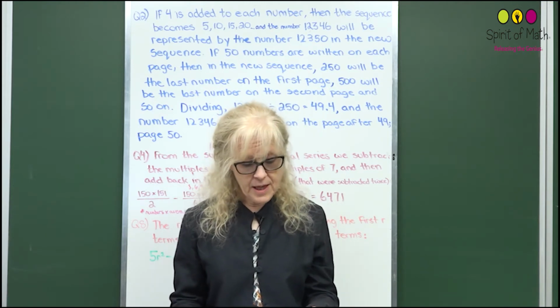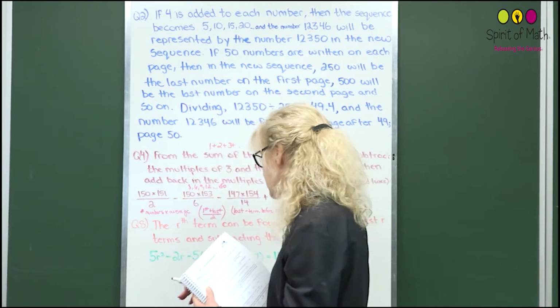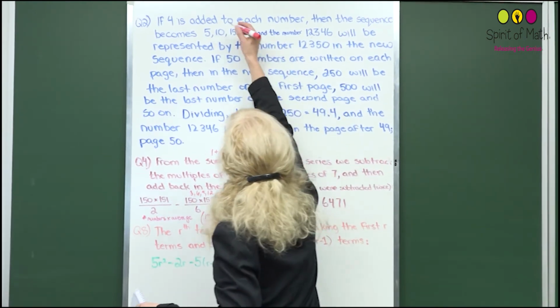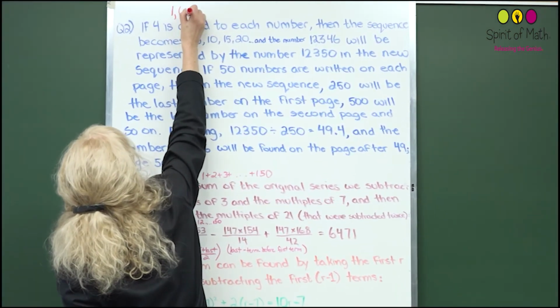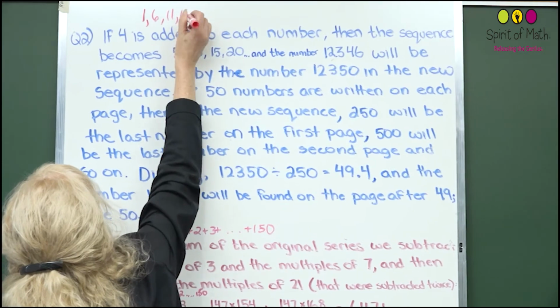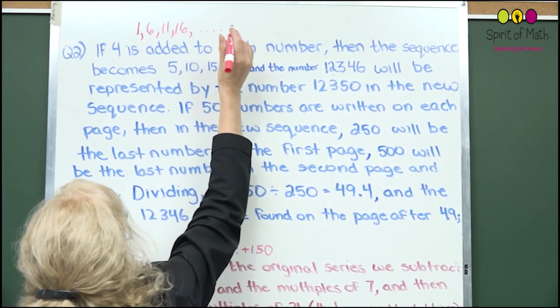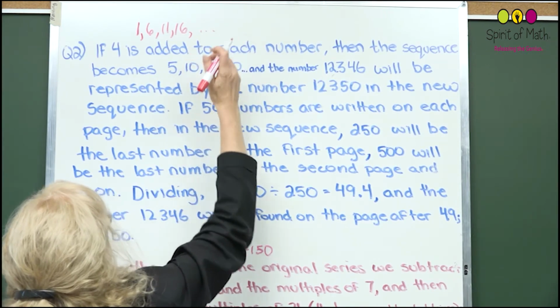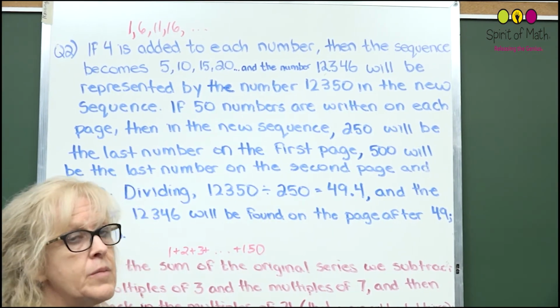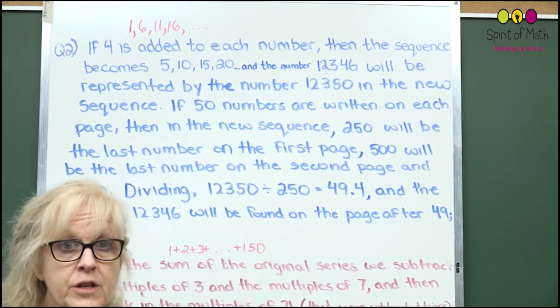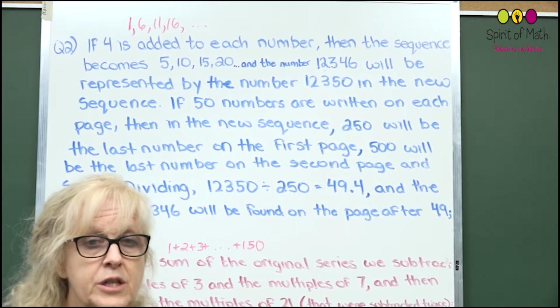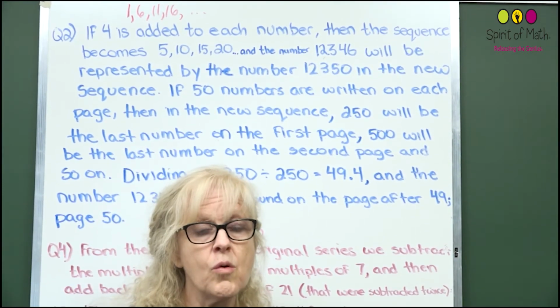Now, the numbers 1, 6, 11, 16, and so on, are written 50 to a page. So basically you keep writing all these numbers, and there's 50 of those numbers on each page, and you get to the next 50 numbers and so on.